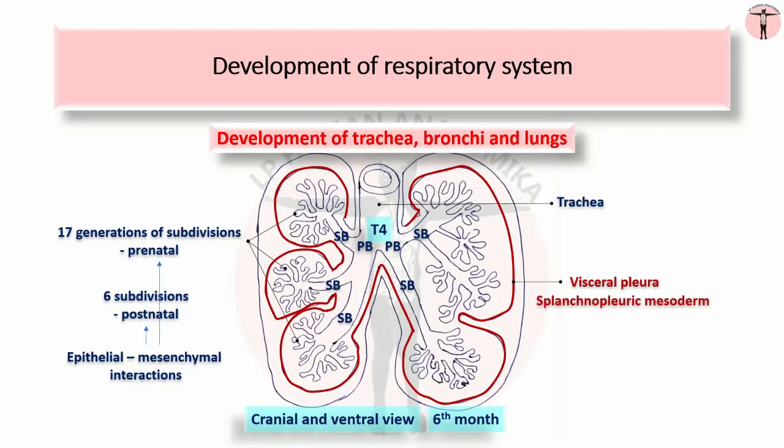With expansion, the lungs and pleural cavities grow caudally and laterally into the mesenchyme of the body wall and soon lie close to the heart. The thoracic body wall becomes lined by a layer of parietal pleura derived from the somatic or somatopleuric mesoderm.